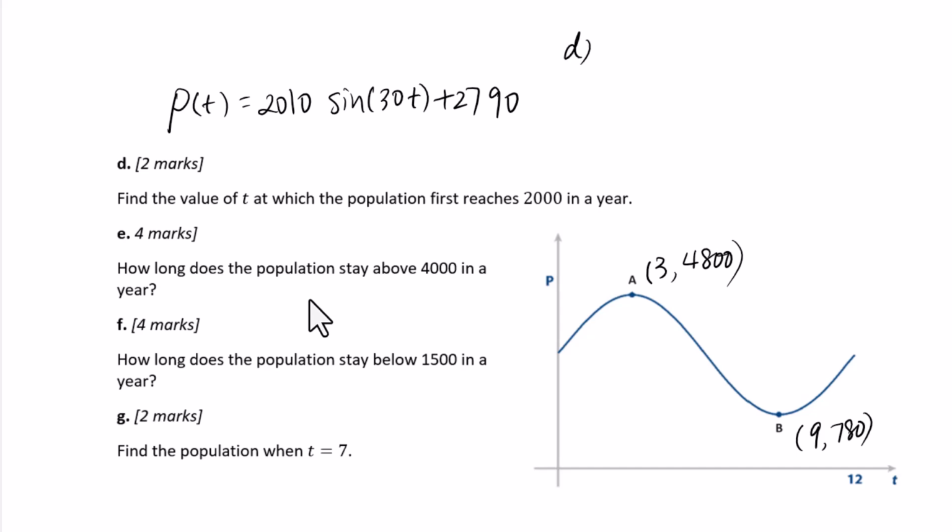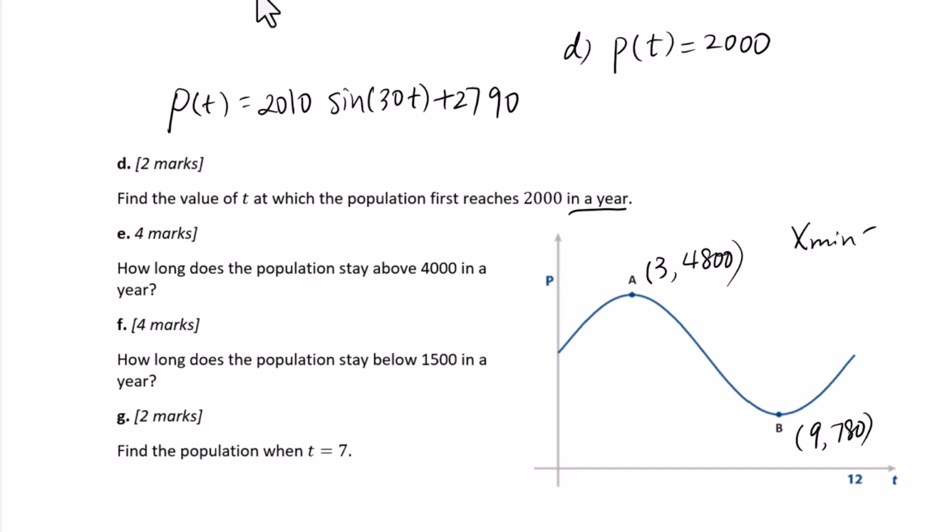Based on the information in D, we will set up P of t equals 2,000. We will make a window according to the graph given. In a year means 12 months.